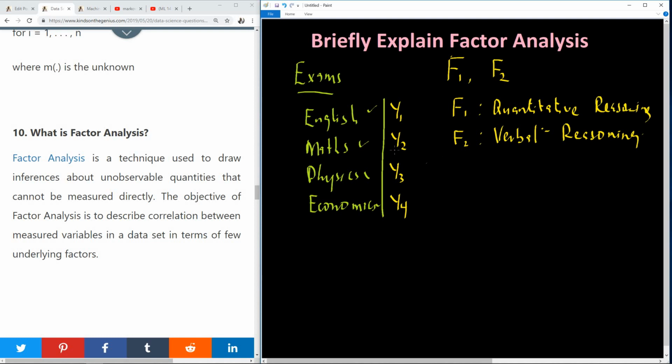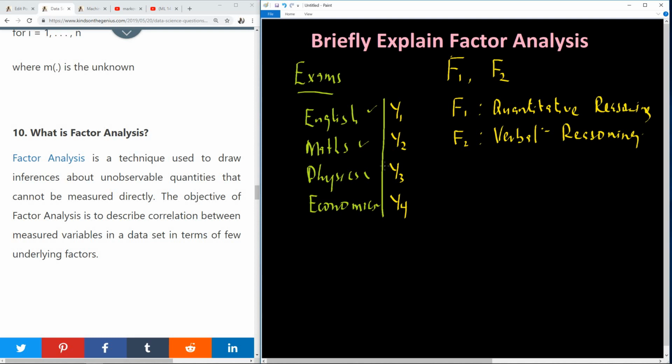So we are saying that student performance in these 4 subjects can be attributed to the student's ability in quantitative reasoning. If somebody is doing very well in maths and physics, he can do a whole lot of calculation. He can do well in maths, physics, calculation in chemistry, economics calculation, other calculations.